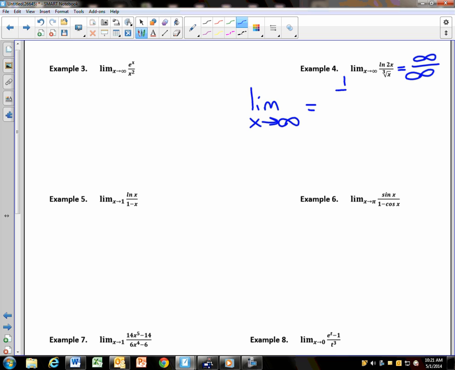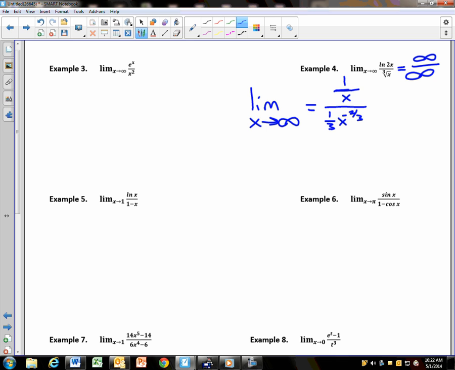This is x to the 1/3, so the derivative of x to the 1/3 is 1/3 x to the negative 2/3. Don't worry about its current location. You don't think of it as on the bottom when you're taking the derivative. You just take the derivative as it is, as it exists on the bottom.